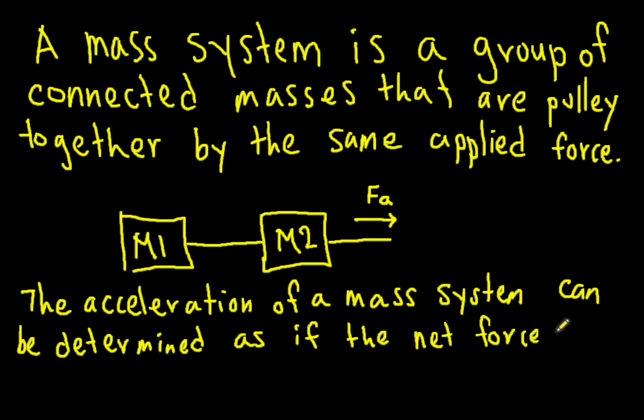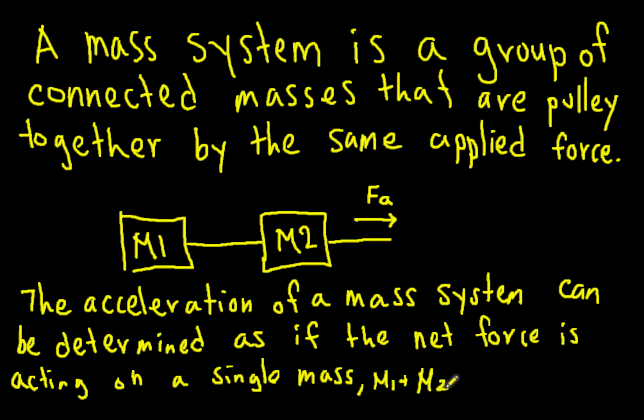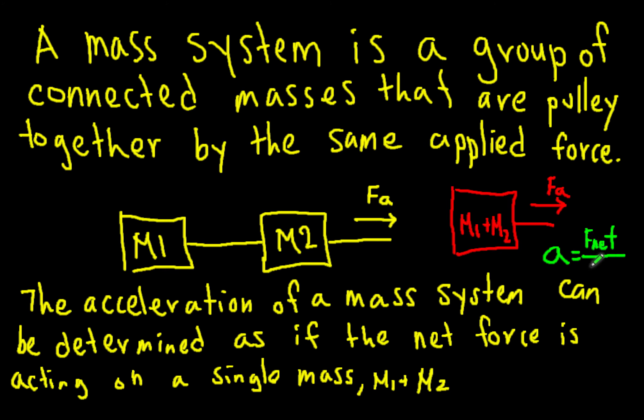And the mass of this single mass is the combined masses of mass 1 and mass 2, or mass 1 plus mass 2. So instead of the two masses being connected, imagine a single mass, mass 1 plus mass 2, being pulled by that same applied force. So the acceleration of this system is the net force divided by the combined mass, mass 1 plus mass 2.